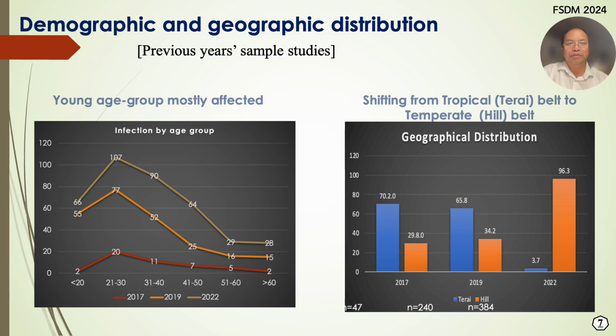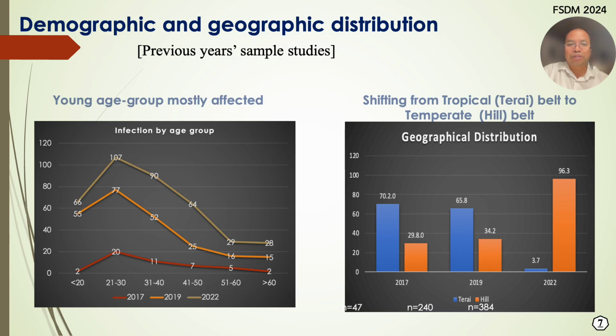Demographic and geographic distribution. Previous years' sample studies. The following graph shows samples studied from 2017, 2019, and 2022. The line plot shows that most of the affected population is the younger age group, from age 20 to 45.